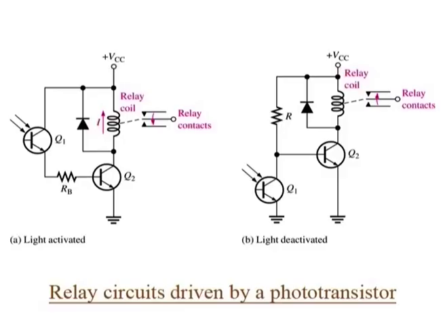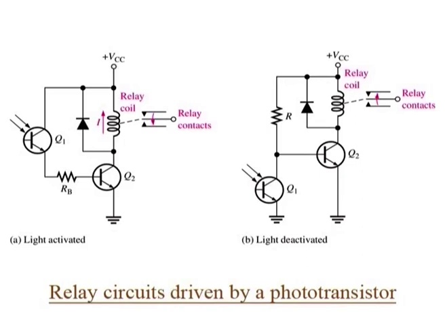Applications. Phototransistors are used in a variety of applications. A light-operated relay circuit is shown in the figure here. The phototransistor Q1 drives the BJT Q2.